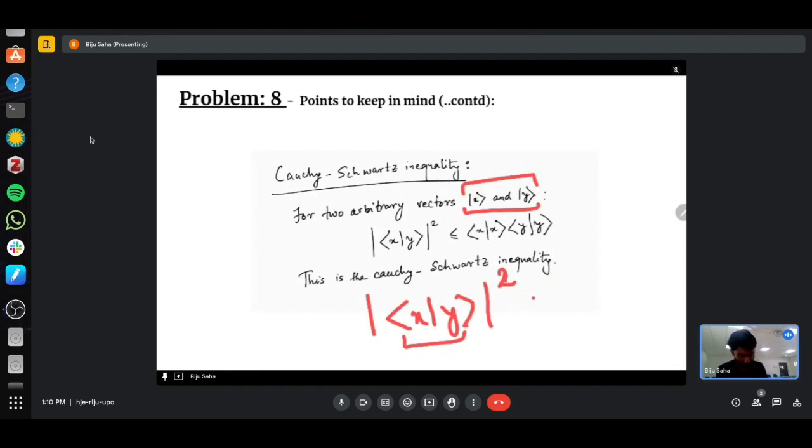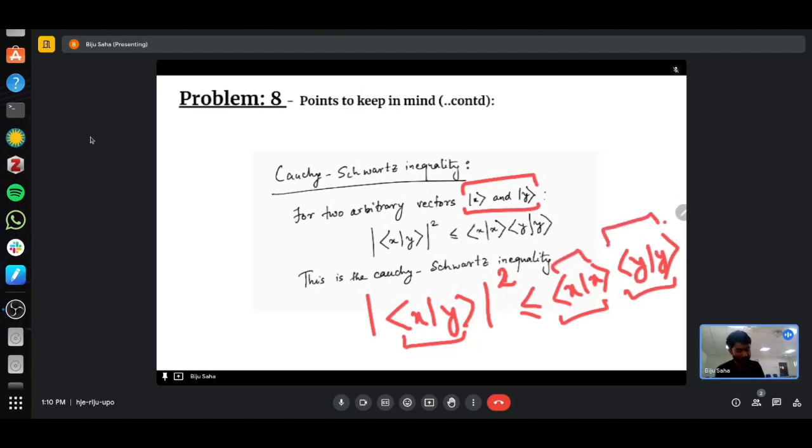The right hand side is taking the inner product of a vector with the vector itself, and since we are dealing with two vectors, we have the multiplication of two such inner products. So the Cauchy-Schwarz inequality says that the right hand side is always greater than or equal to the left hand side.